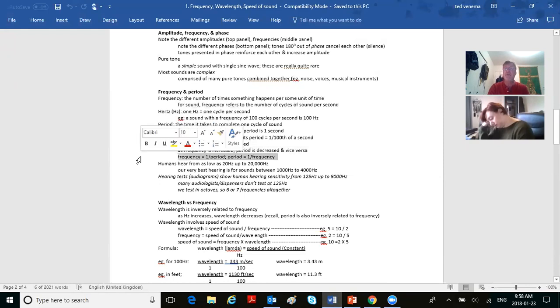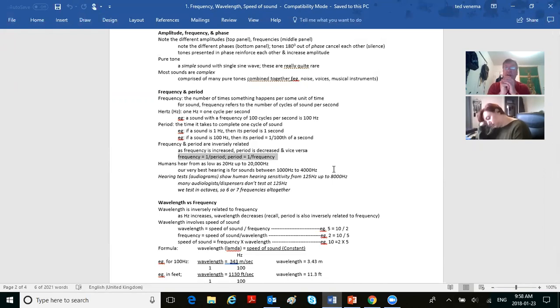So here's the formula. And when, not if, but when it gets asked on quizzes and midterms, this is how you figure it out. Frequency is 1 divided by the period. Period is 1 divided by the frequency. That's the inverse relationship between period and frequency. So for an example, what's the period of 1,000 hertz?